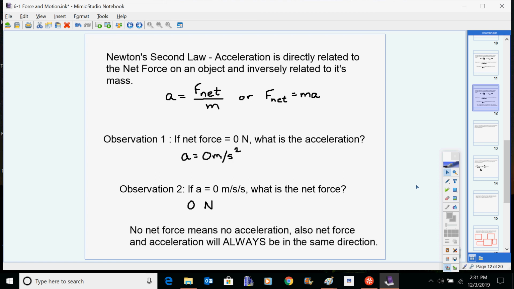So super, super important that we get into our head that the net force and the acceleration will always be in the same direction.